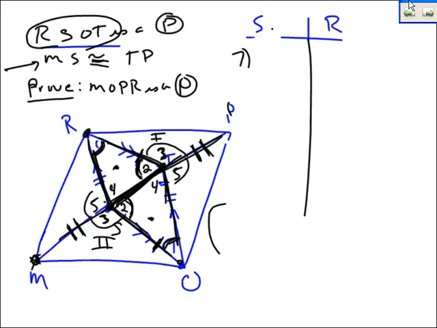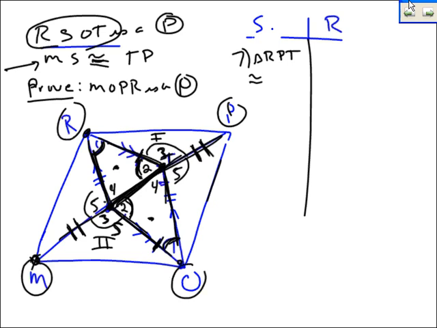I think I was up to number 7. If I'm wrong, I'm sorry. Now I can say triangle 1, which is RPT, and triangle MOS are congruent. The reason is side, angle, side.